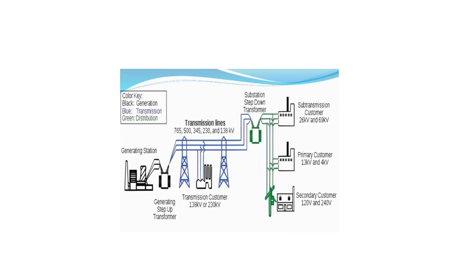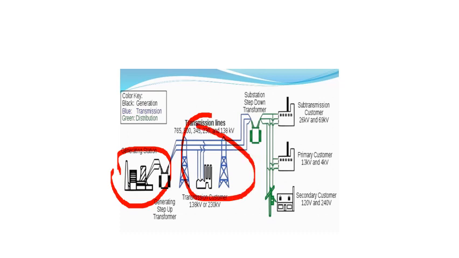Here, three colors are used. In generation we have used black, then in transmission we have used red, and finally in distribution we have used green.